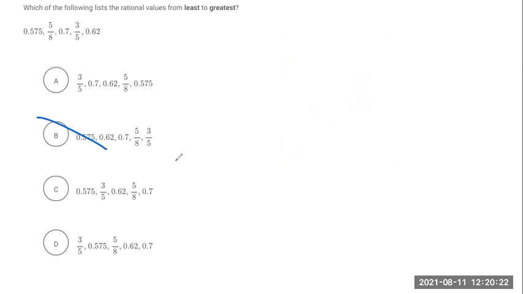Now we can solve the rest of this by just taking the decimals real quick. We have 0.575, 0.7, and 0.62. And like our man Chick always says, when it comes to decimals, it doesn't hurt to think of it as money.